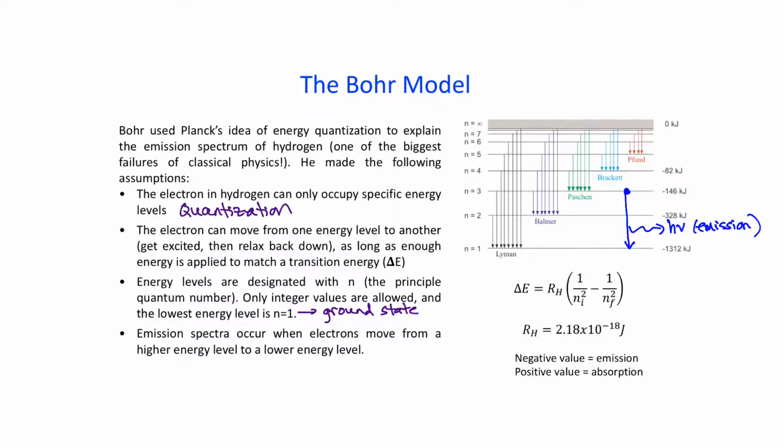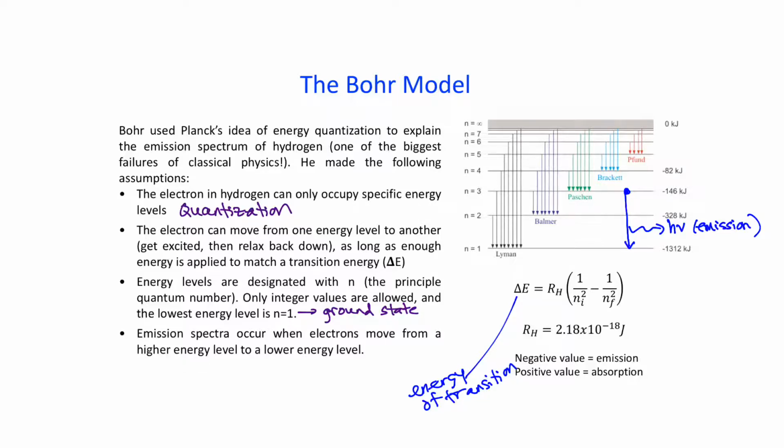All right, so the equation that Bohr is able to derive from all of these assumptions is shown right here. Okay, so this delta E essentially represents the energy of what we call the transition. So remember, when we say transition, that's just referencing a jump between two different energy levels.